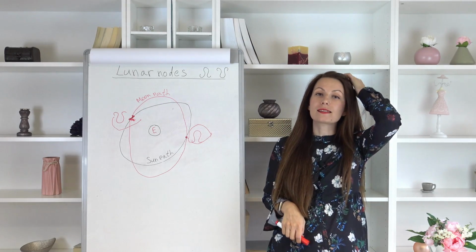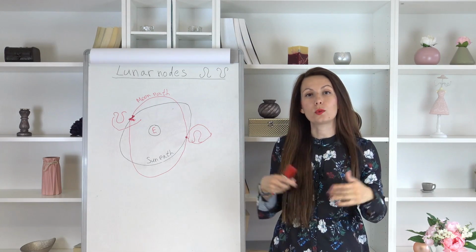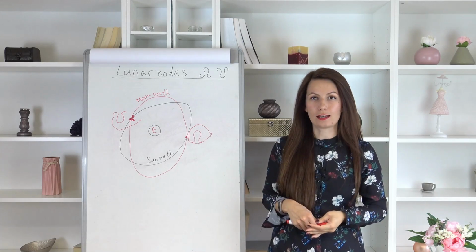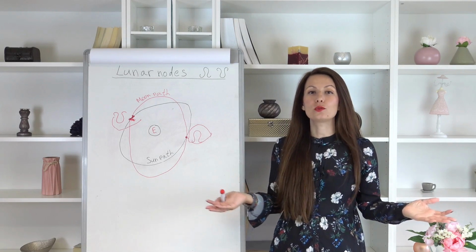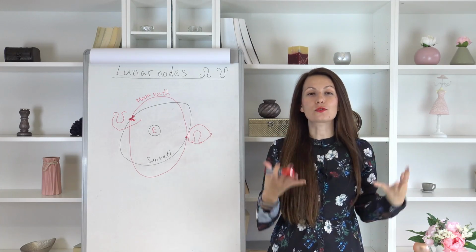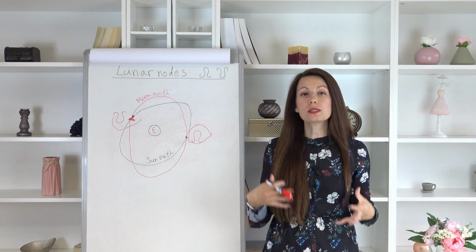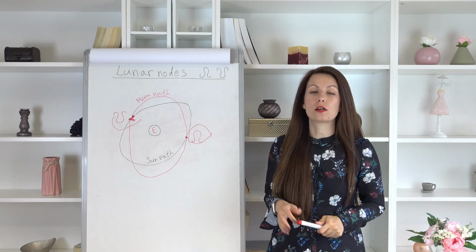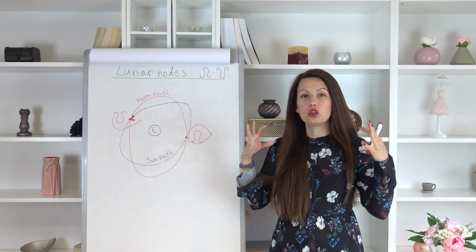And here we are actually answering the question which was asked by one of you guys: what does it mean if my lunar nodes are retrograde? It means that you are part of the regular case. For most people, the lunar nodes are retrograde, and that's normal.